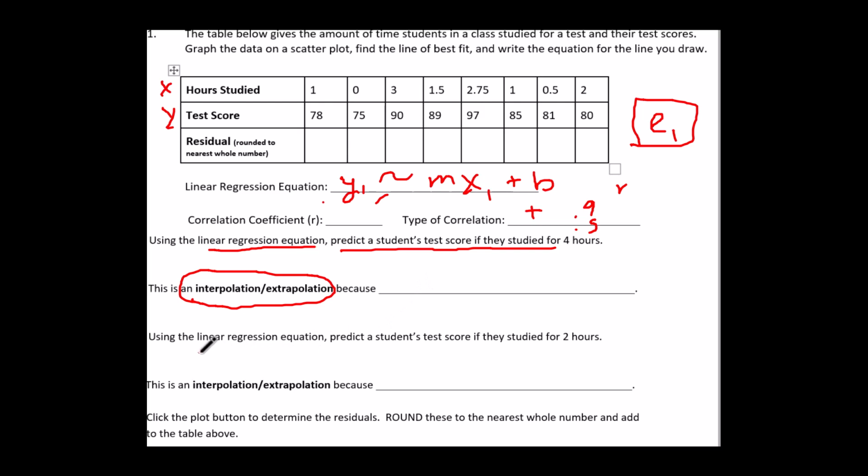We use the linear regression equation to predict a student's test scores if they studied for 2 hours. All right, again, interpolation, extrapolation means that we don't have the exact numbers, but we're using data to get a pretty good idea. We click the plot button, that's the E sub 1, to determine the residuals, and we round those to the nearest whole numbers.